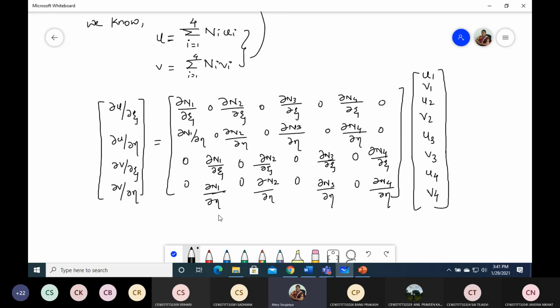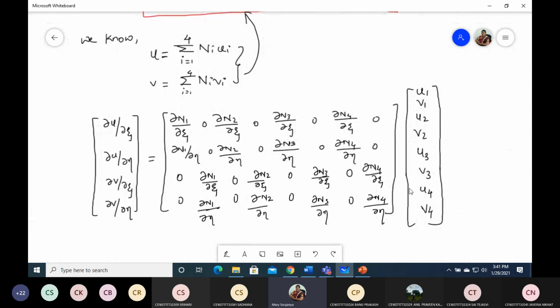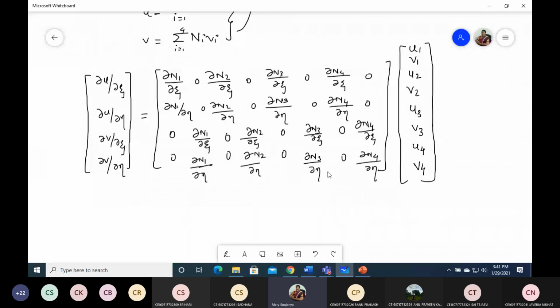What is the previous equation we have? Equation number 6. So let us take this as equation number 7.